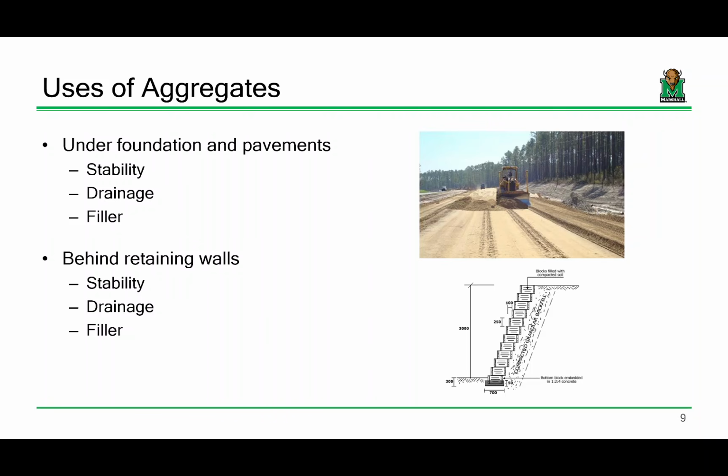They allow water to permeate through the base. For that reason, they also tend to be used quite a bit behind retaining walls. If you've ever installed a retaining wall, maybe in your backyard, you probably used some crushed stone as a base or behind the wall to allow for drainage. They tend to perform very well there.